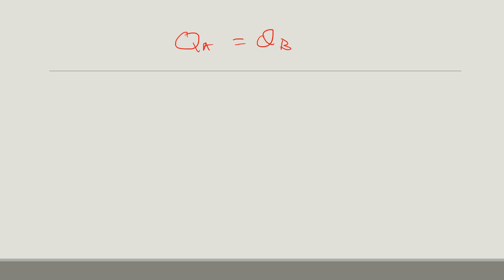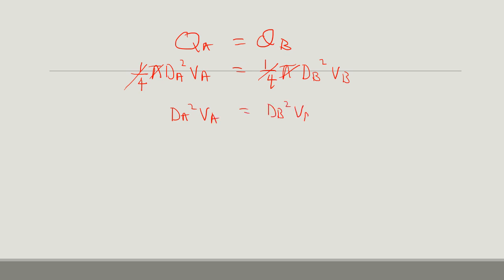Now we know that QA is 1/4 pi dA square VA, and QB is 1/4 pi dB square VB. Some things are common to both sides, like 1/4 and pi, so that can cancel out. So now we have dA square VA is equal to dB square VB.